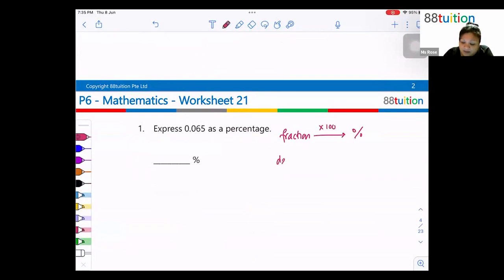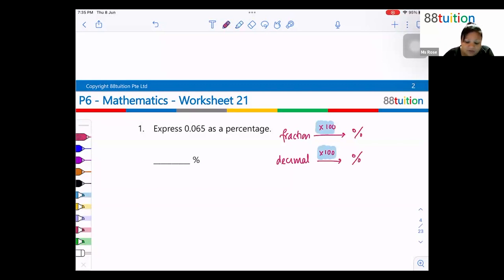Same thing, if you have a decimal and you want to change to percentage, again you times 100. It's a mixed paper, so calculator is allowed. As long as you have to convert to percentage, you must remember to multiply by 100%.